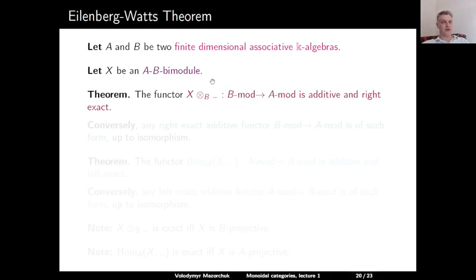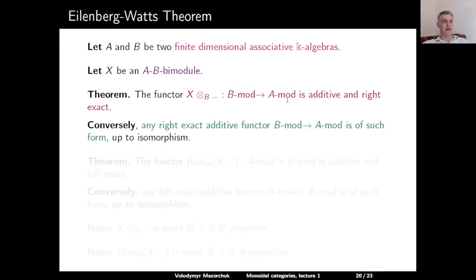Theorem: the functor of tensoring with this bimodule, this is a functor from B mod to A mod. So this functor is additive and right exact.